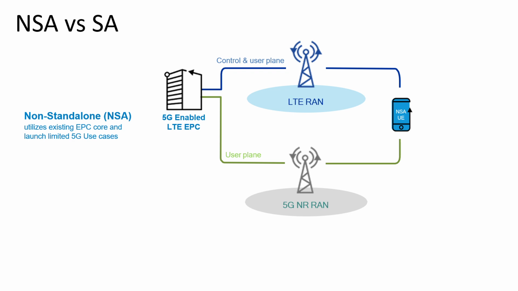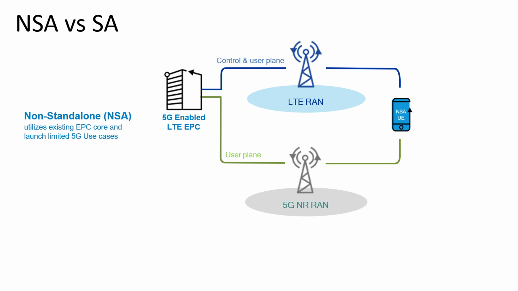Now let's say the service provider is allocated 5G spectrum and wants to launch the 5G service. The fastest and easiest way to launch the 5G service is the non-standalone architecture. In the non-standalone architecture, the new component added to the network is the 5G radio.